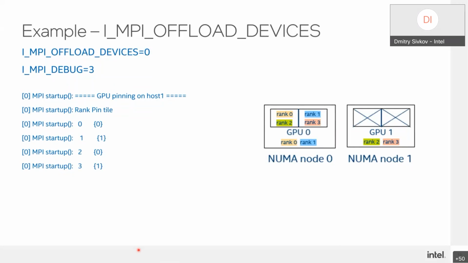In this example, we are using GPU 0 and we are not using GPU 1 for some reason. Probably we are using GPU 1 for something else, or we have no work for GPU 1, or for any other reason.